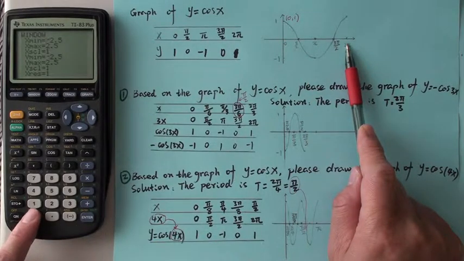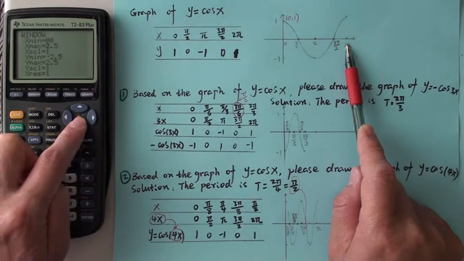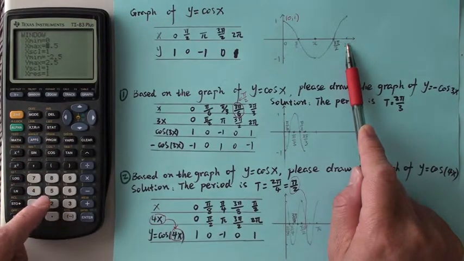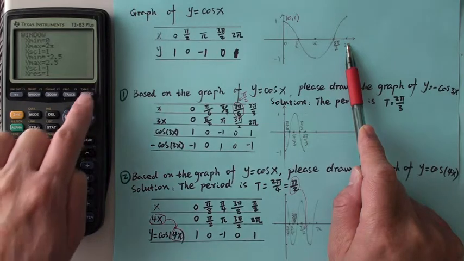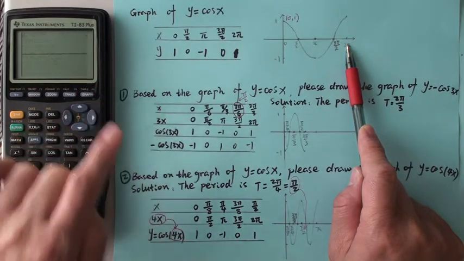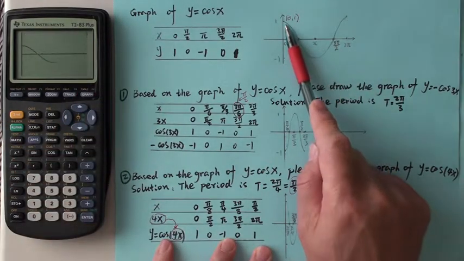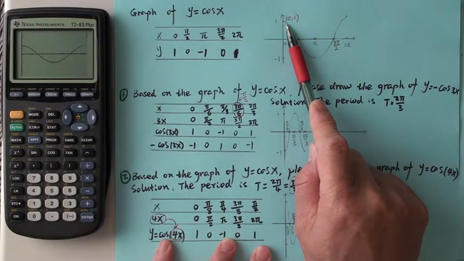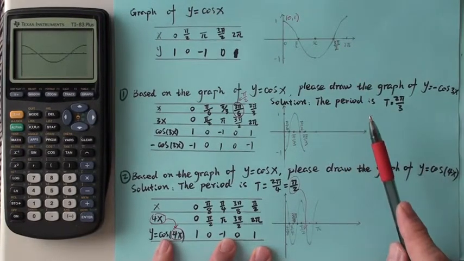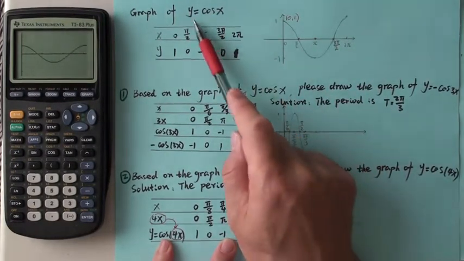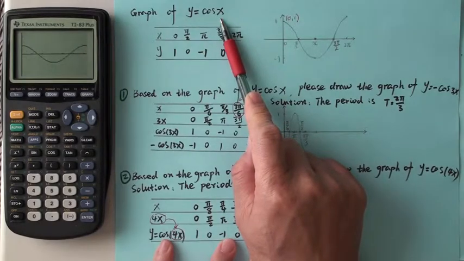You may hit 0, and then here enter 2 pi. And then when you graph it, you will get a nice picture, like that. So this is y equals cosine x.